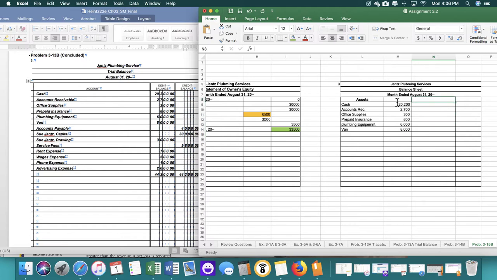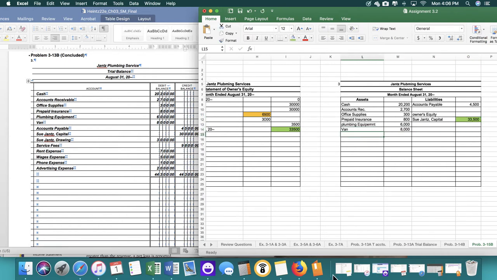And then here we're going to have our liabilities. In this case, it's going to be accounts payable. That is 4,500. We're going to have owner's equity, then we're going to have the owner's capital. And this is where we're going to put the 33,500.